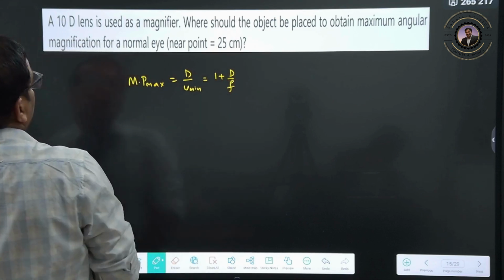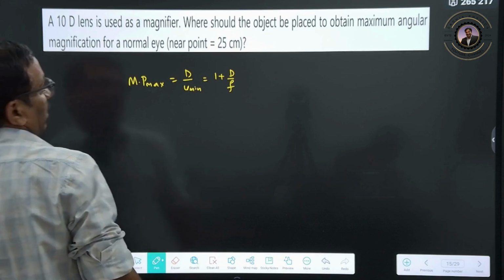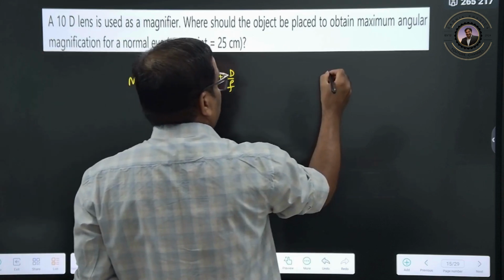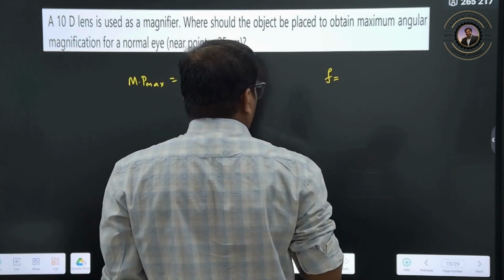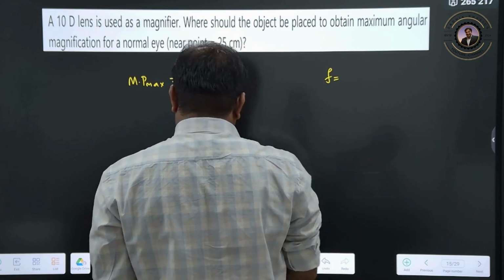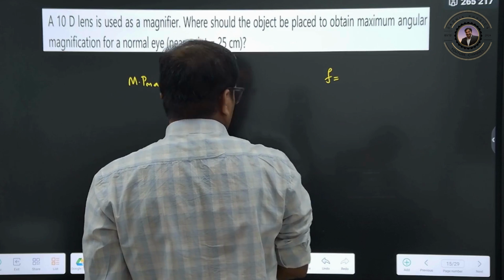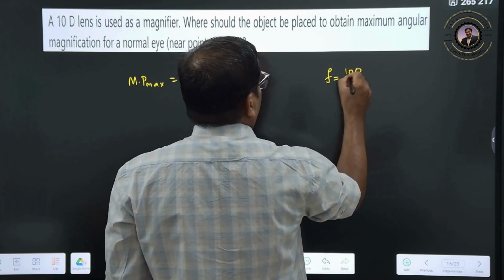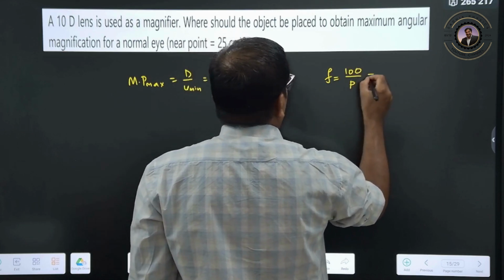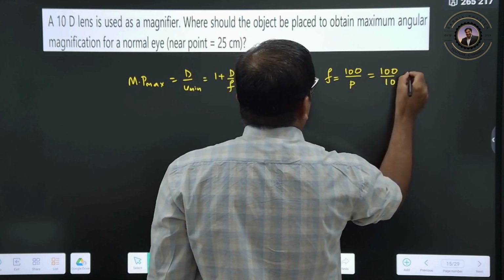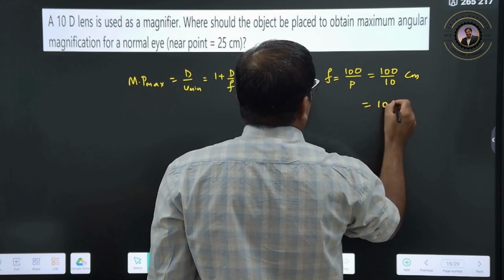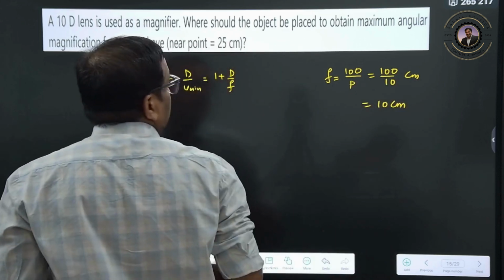Clear? So first of all you have to calculate the focal length. Focal length is 100 by power, so 100 by 10, that is 10 centimeter. Therefore 10 centimeter will be your focal length.